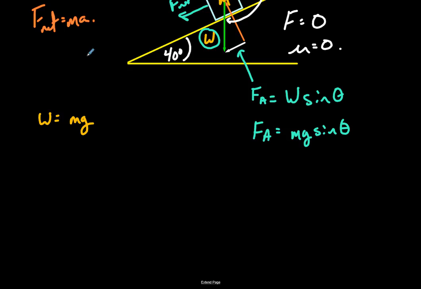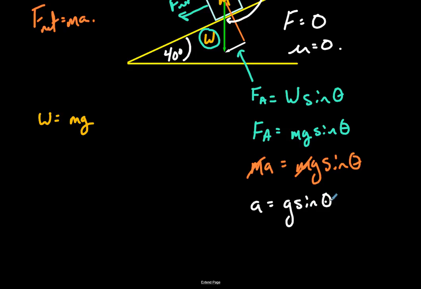So if FA is the same as F net, we could just replace it with ma. ma equals mg sine theta. Now we see that mass appears on both sides, so we can get rid of it. And now what we've developed is a formula for a frictionless inclined plane. So say something like a rolling ball, which has almost no friction on the surface. You can more or less apply this.